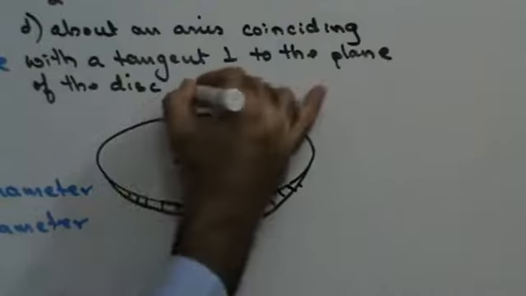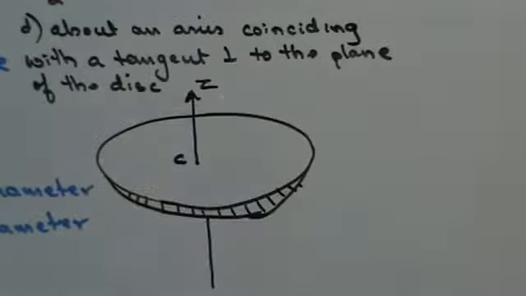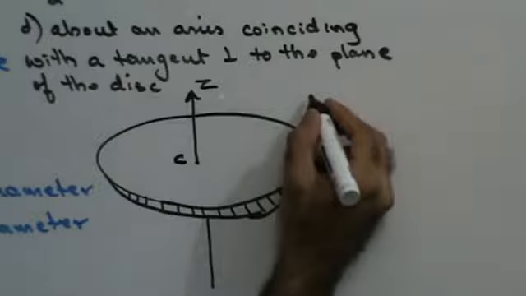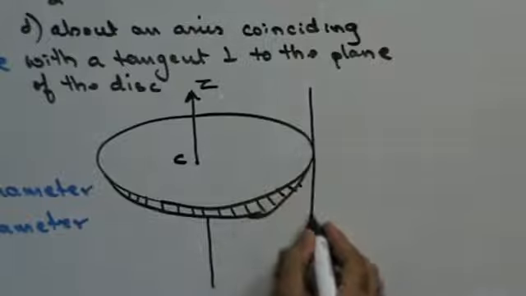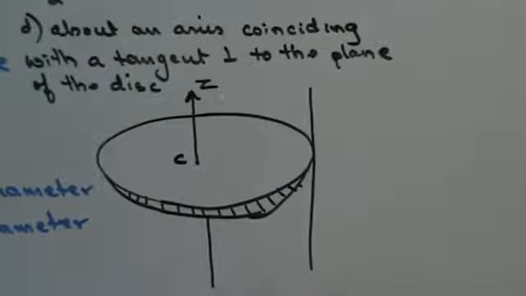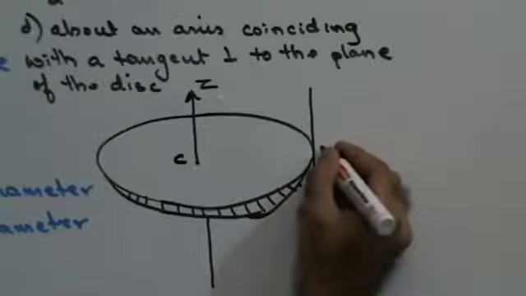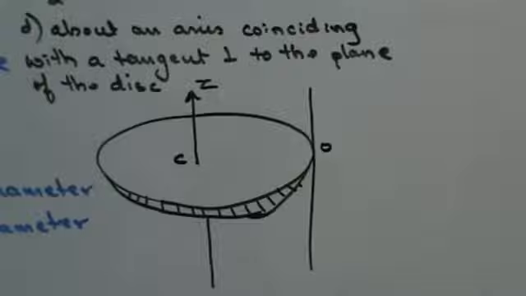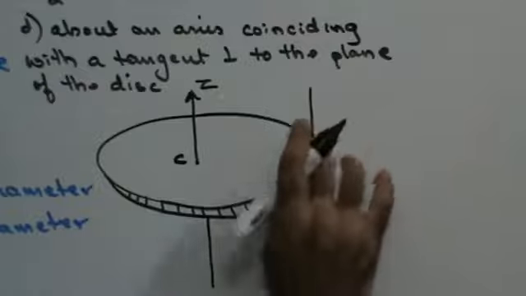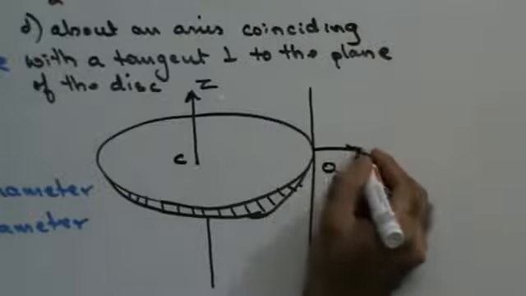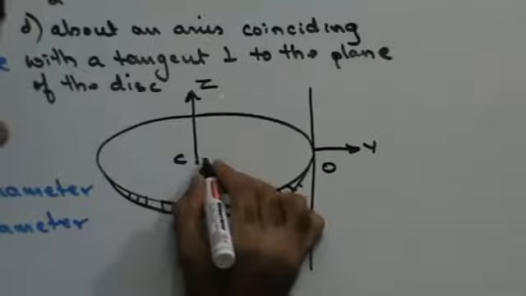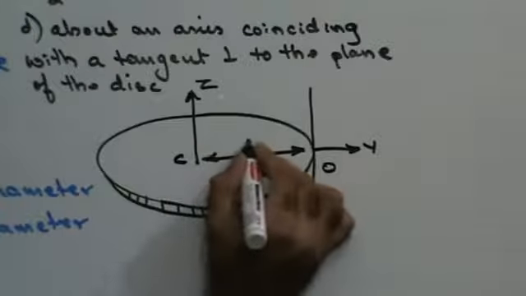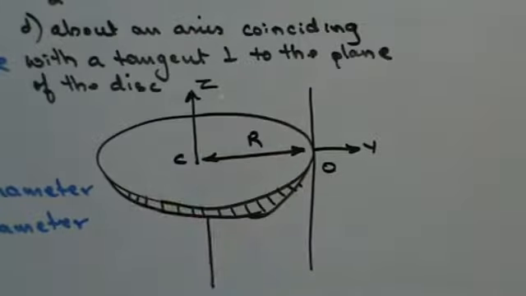This is your z axis. I want to find out the moment of inertia about an axis which is parallel to the z axis and is a tangent to the disc. Let's assume that it is tangent at point O. This is the y axis. This distance we know is nothing but the radius of the disc.